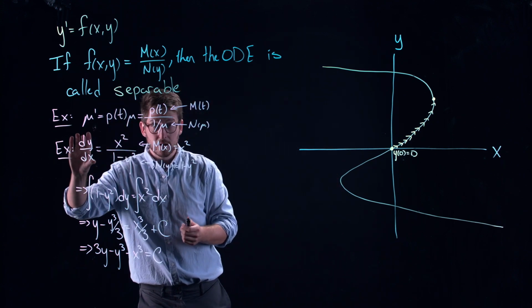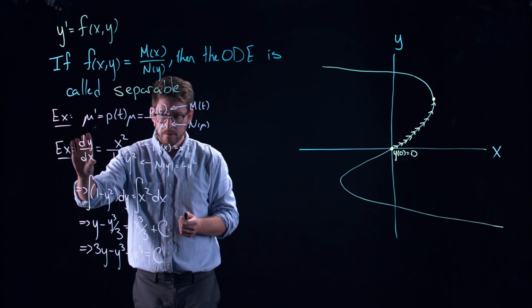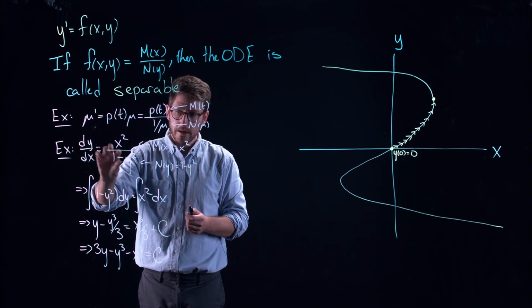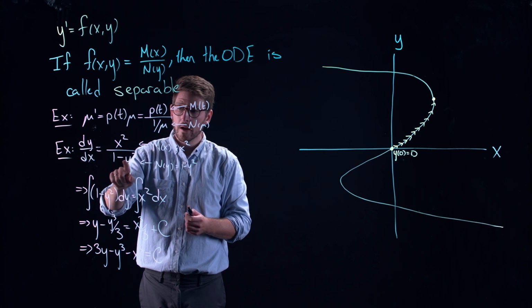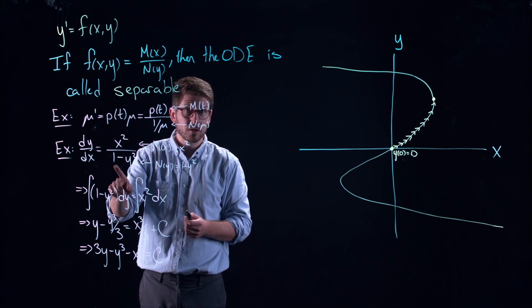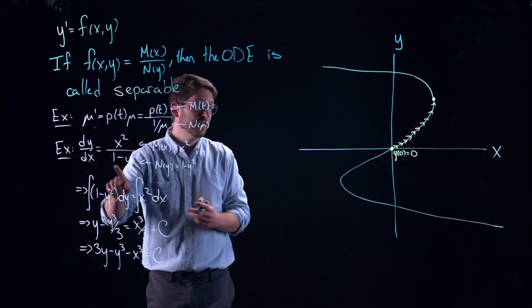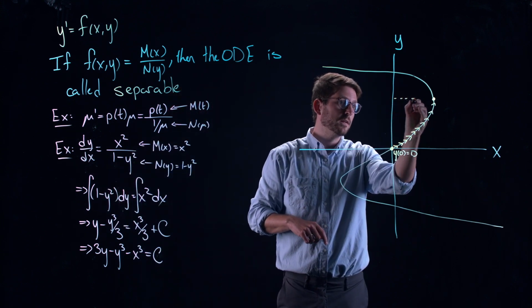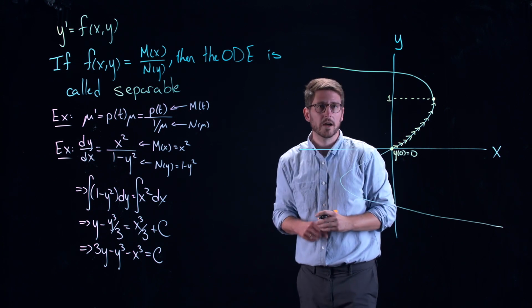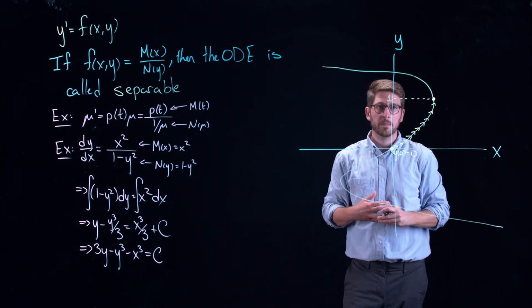It's giving me the slope of that curve. So, where is that turning point? That turning point is when y is equal to plus or minus 1, right? Because that's when I try to divide by 0 and go to infinity. So here I turn around when y hits 1.